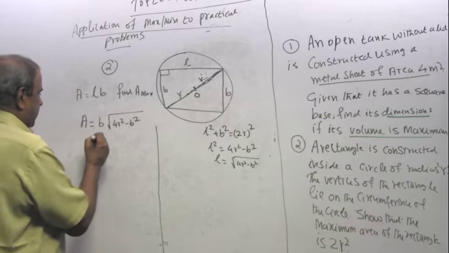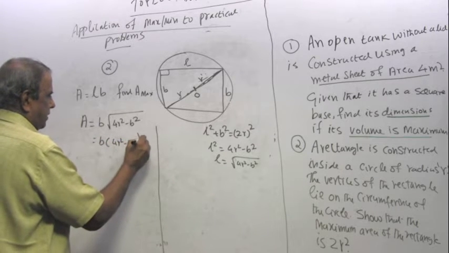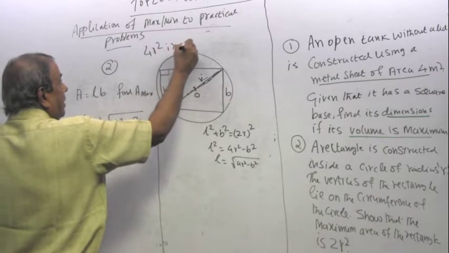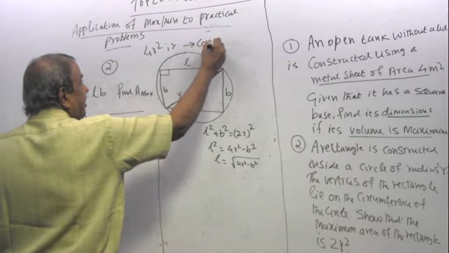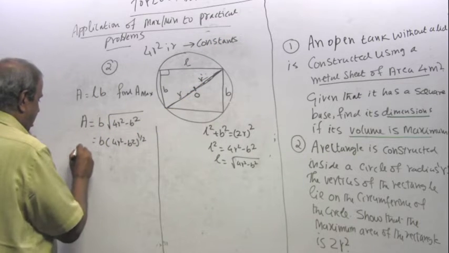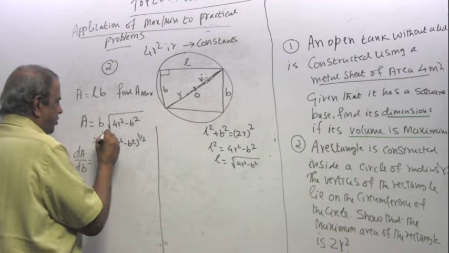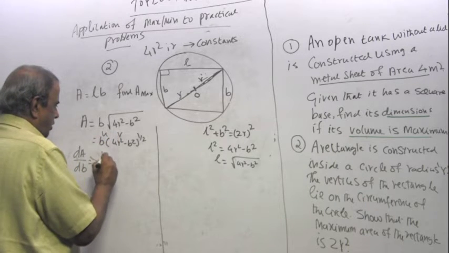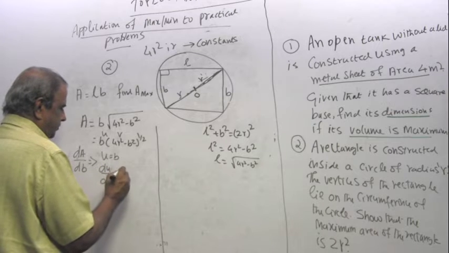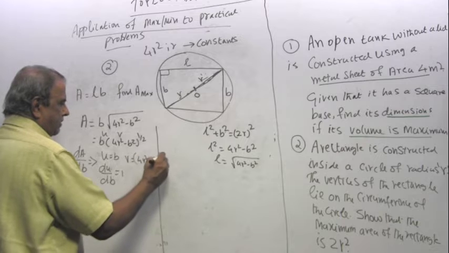I need to differentiate. So can I write this as B times 4r squared minus B squared power half? Please remember 4r squared, r are all constants. So please don't differentiate and say 8r. So dA by dB equal to, that is U, that is V. U is B, du by dB is 1. V is 4r squared minus B squared power half.